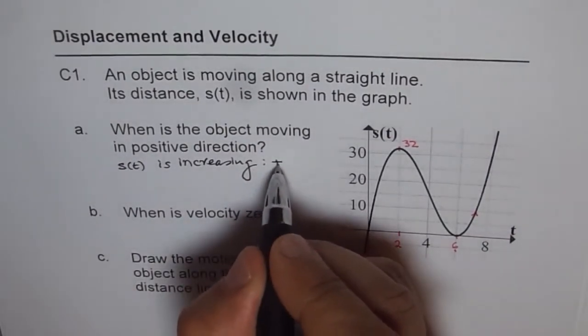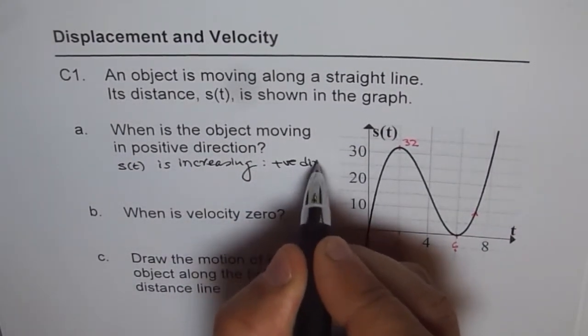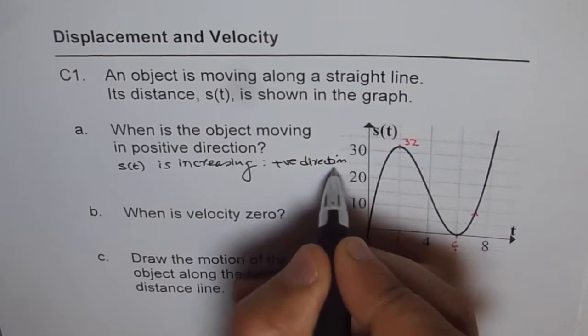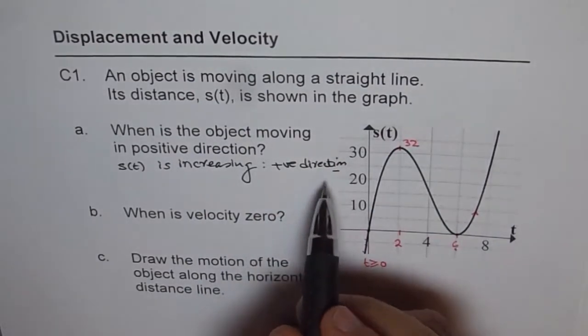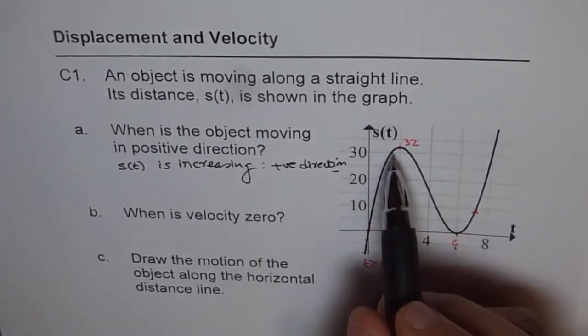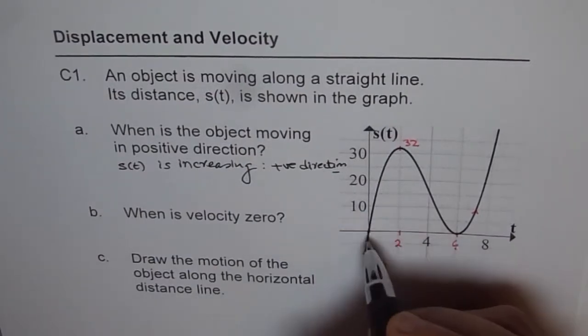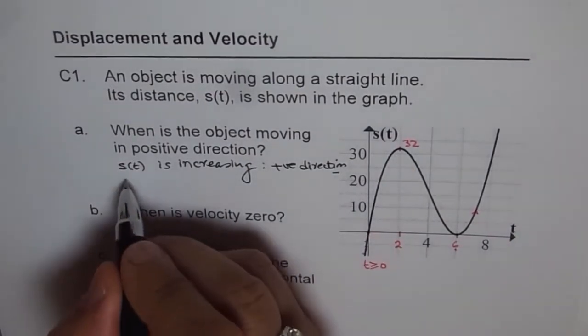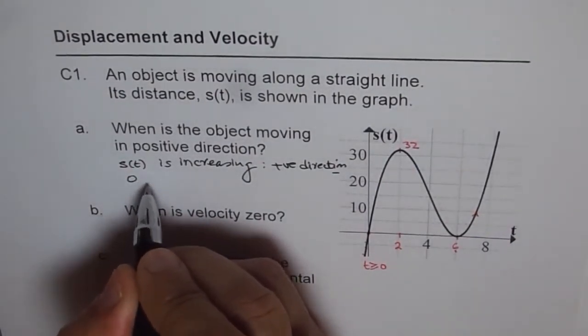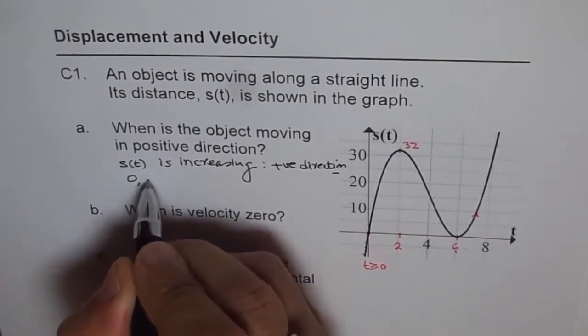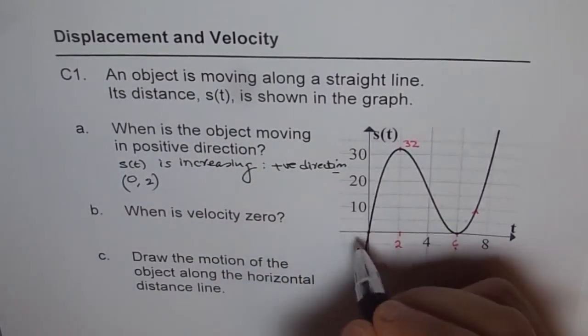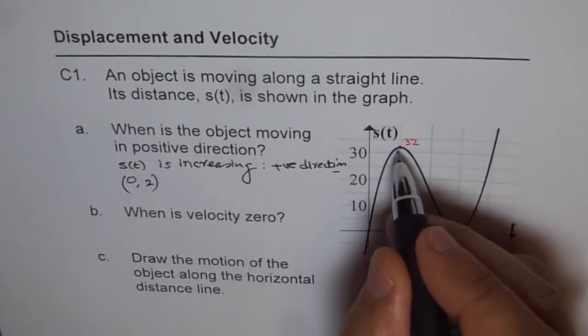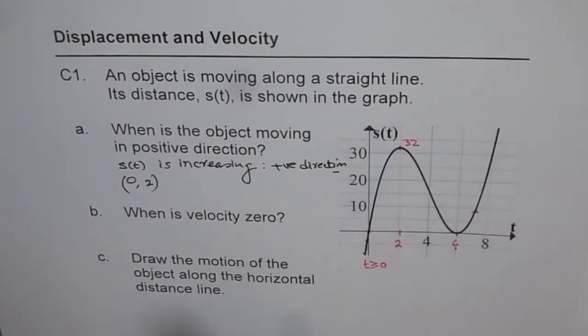Then we say positive direction, okay? Important thing to note here is positive direction, not positive value. You can see that from 0 to 2 the object is moving in positive direction since the displacement is increasing during this period.